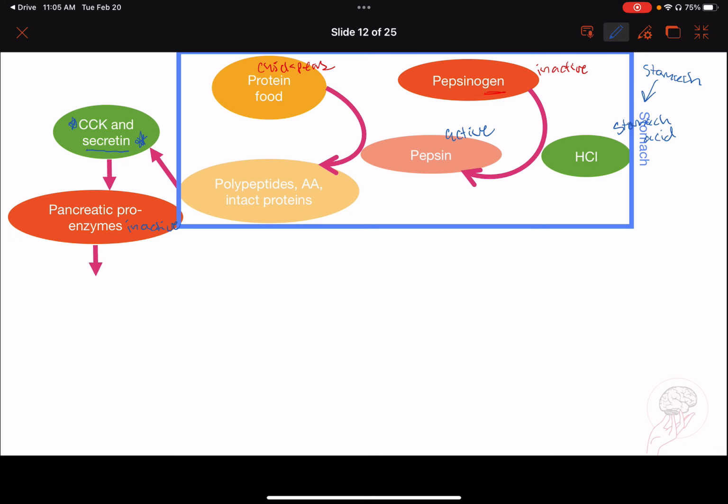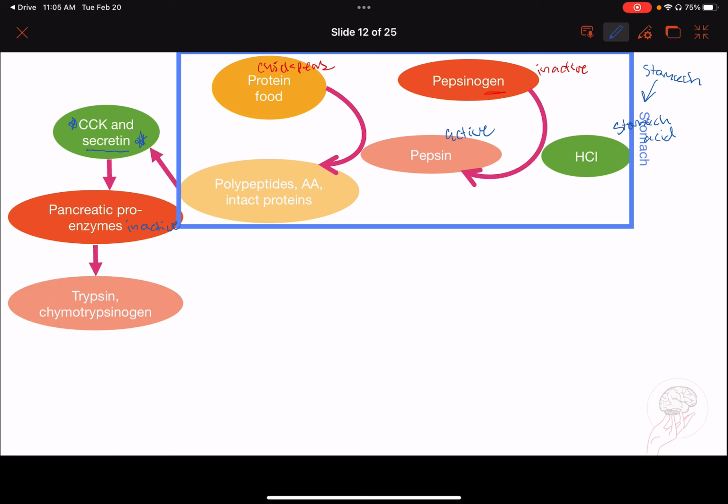We're basically protein containers filled with water and bacteria. So if we just allowed our protein breaking down enzymes to run free, we would digest ourselves. So we need to be very careful and very purposeful with our pancreatic proenzymes.